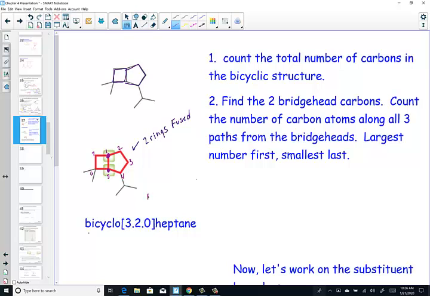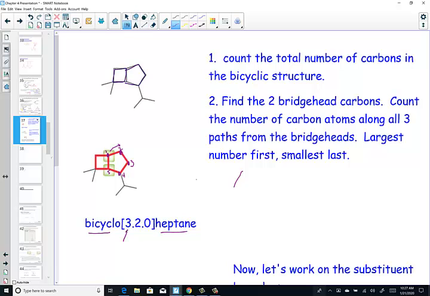So again, you can see bicyclo, leave space for those numbers, heptane, the total number of carbons. And then when you work on the numbering, count the number of carbons that separate the 2 bridgeheads from all 3 directions. So here's the first bridgehead. I'm going to count this direction. There's 1, 2, 3 carbons that separate bridgehead carbon 1 and, directly connected to that, bridgehead carbon 5.